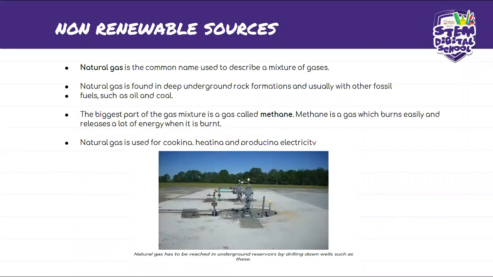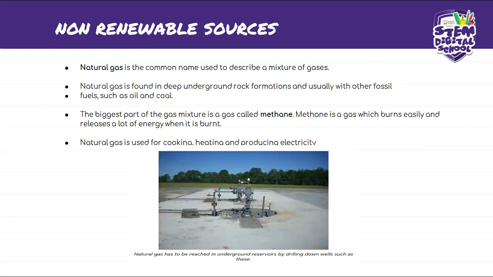So if you have not seen this methane, or you can picture it, some of the gases that we have in our gas stoves, then we have got different varieties of gases there. So methane can be one.